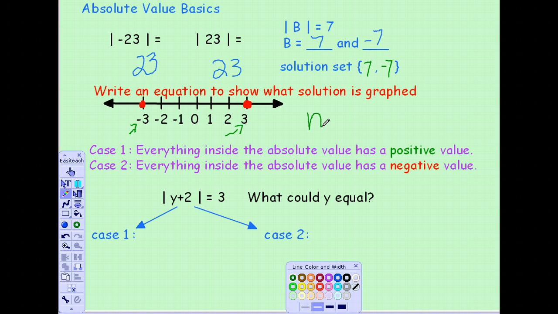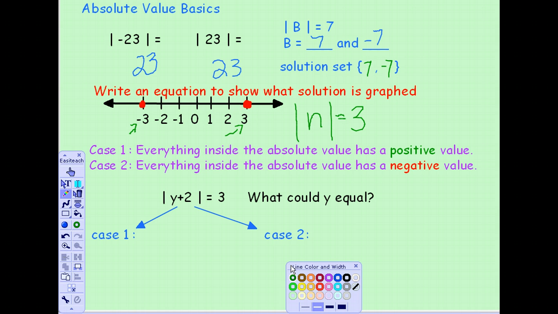So our equation becomes the absolute value of n equals 3. So in this case, n could equal +3 or n could equal -3. There's two solutions that are graphed, so two solutions for n.